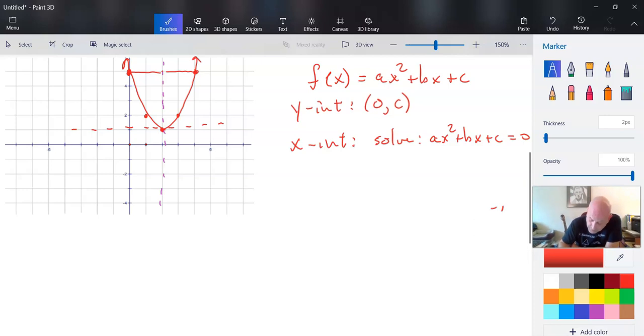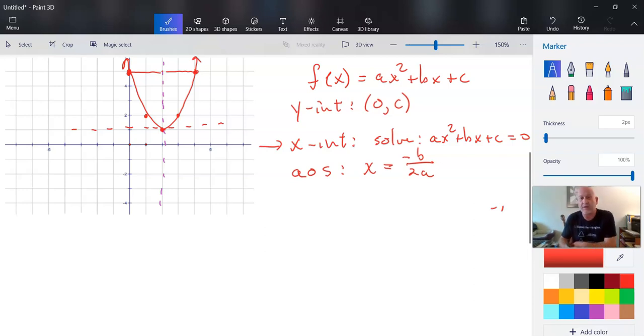Now, for the axis of symmetry, which we actually found before we found the vertex, right? It turns out that the axis of symmetry is just that first part of the quadratic formula. It's what you would have used when you found your x-intercepts. It's the part that's negative b over 2a, right? You notice the only thing it's missing there is the square root, the plus or minus the square root of b squared minus 4ac.